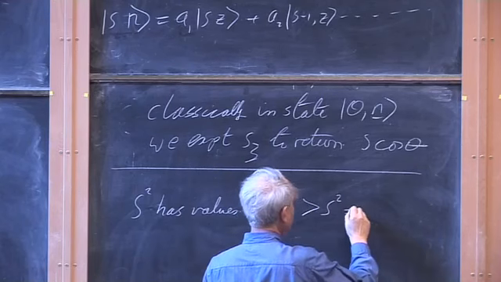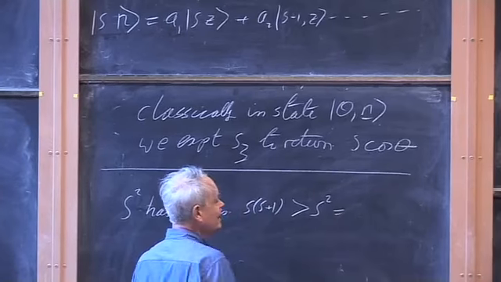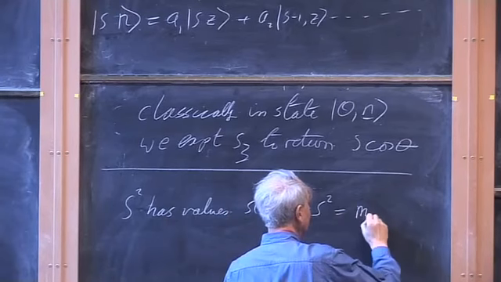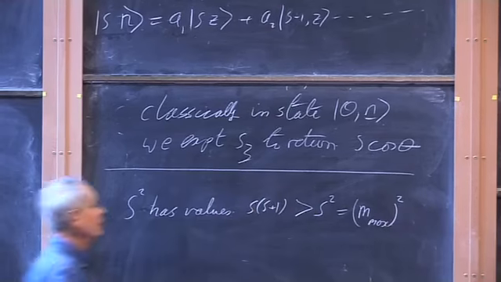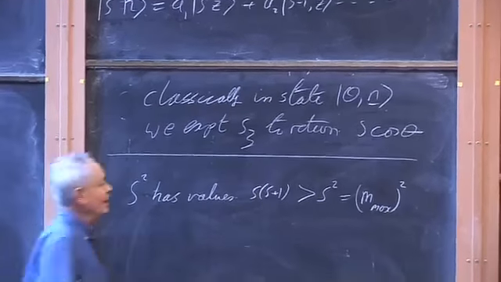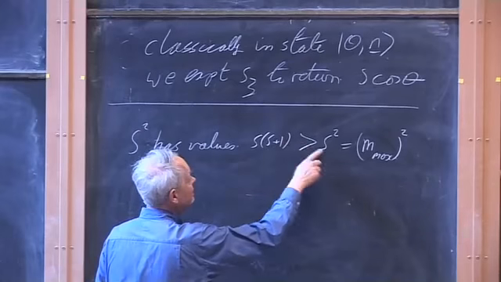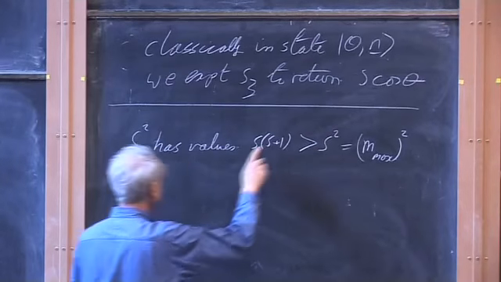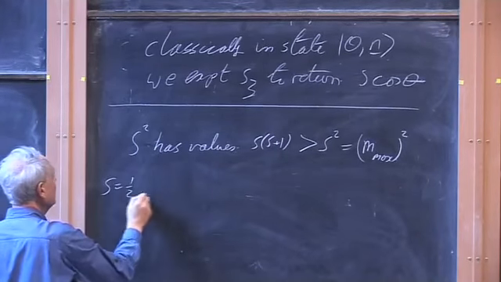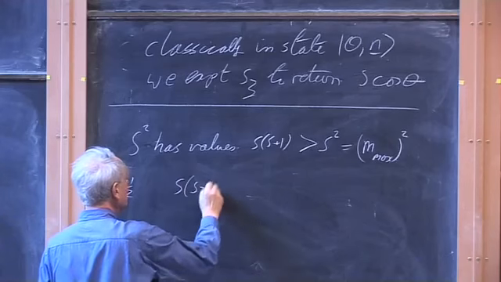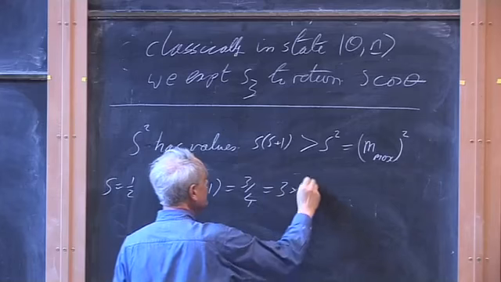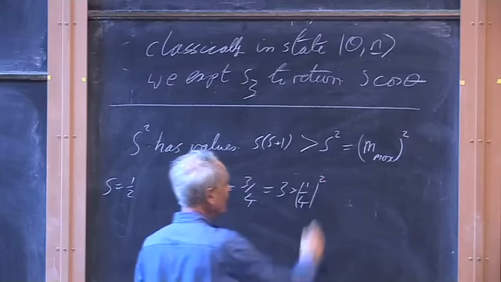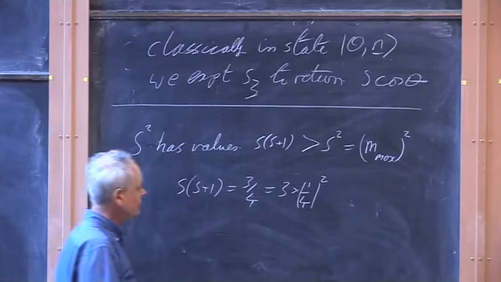And remember, this thing came into the world as the maximum value of the angular momentum around the given axis. How much greater this is than this depends on the value of S. So, when S is a half, we have that s(s+1) is clearly equal to 3/4, which is 3 times the quarter, a half squared.